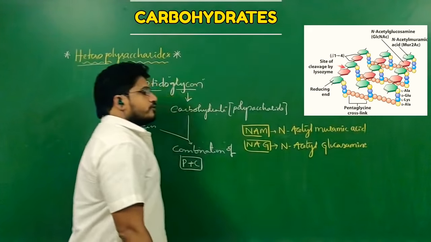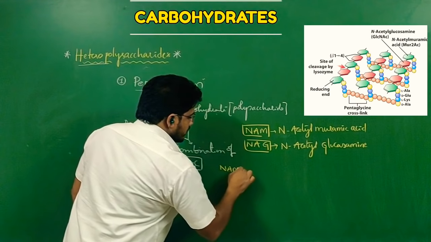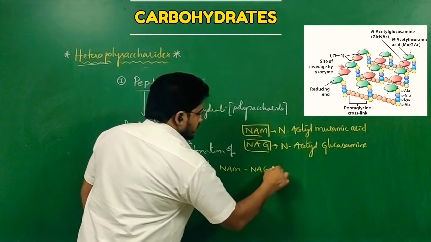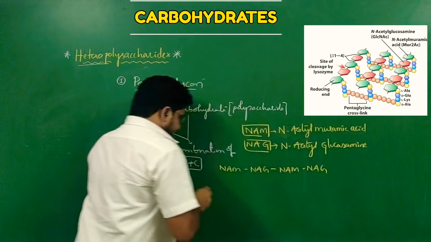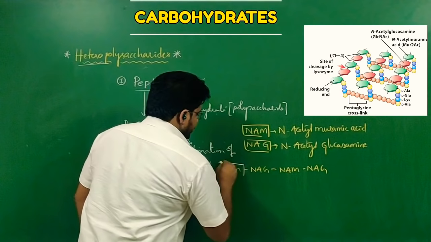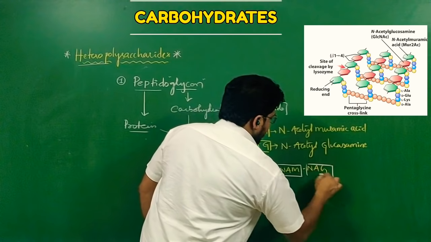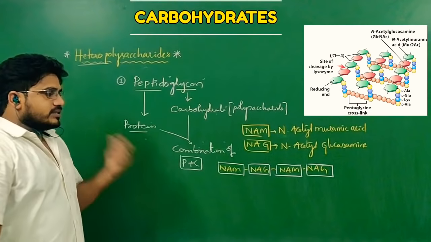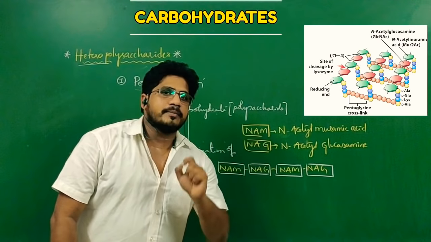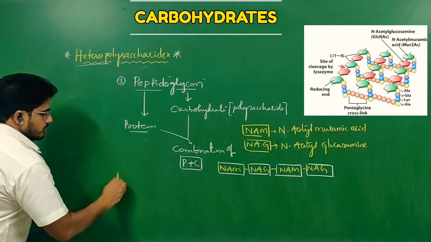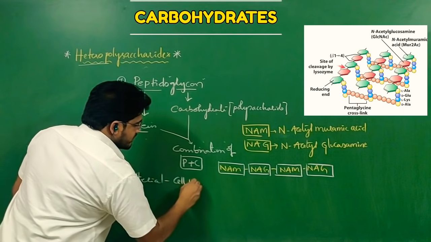Both are derivatives of glucose but are structurally different, and in this structure NAM is followed by NAG and it is followed by NAM. Just like alternatively these two structures are present, that's why it is heteropolysaccharide and unbranched. Where does this polysaccharide exist in nature? Very important here, that is the bacterial cell wall.